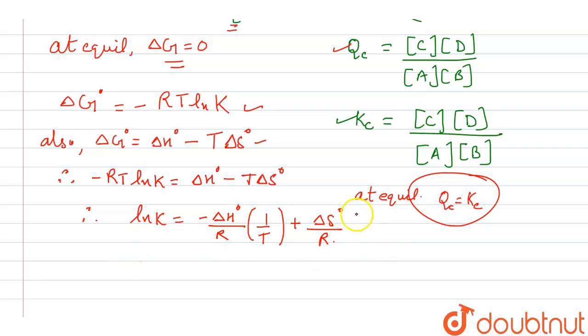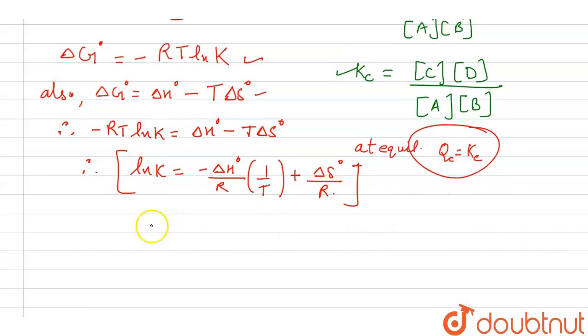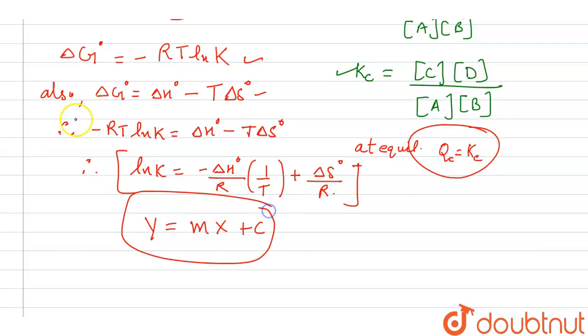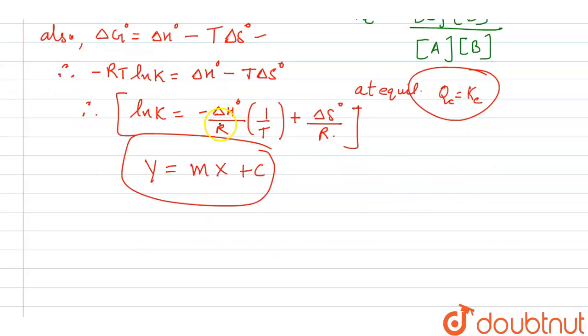Now this particular equation is compared to the equation of a straight line graph, that is y is equal to mx plus c, right? Now m is the slope and c is the intercept here, right? So slope is defined by the value of delta H naught, and intercept is delta S naught upon R.